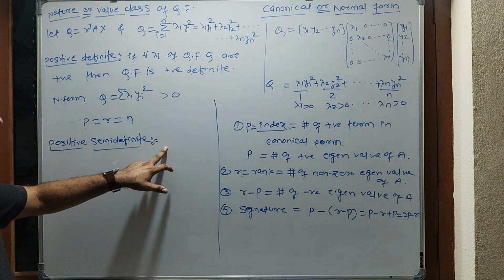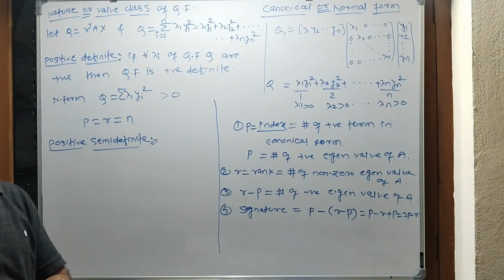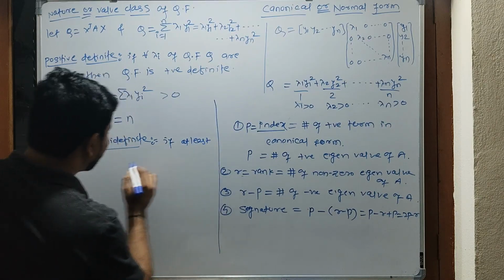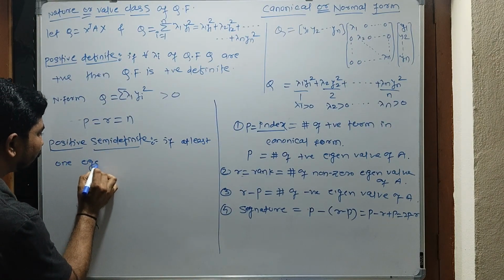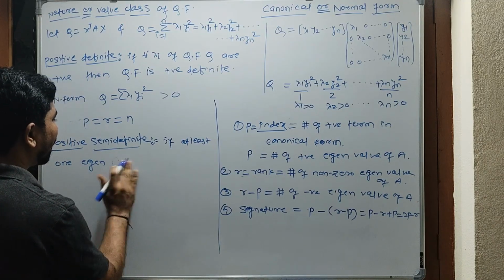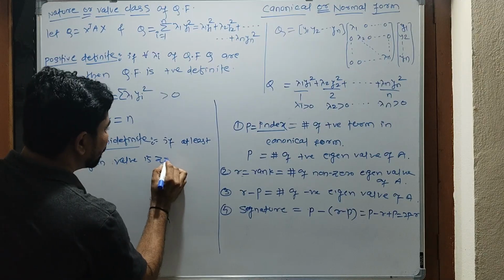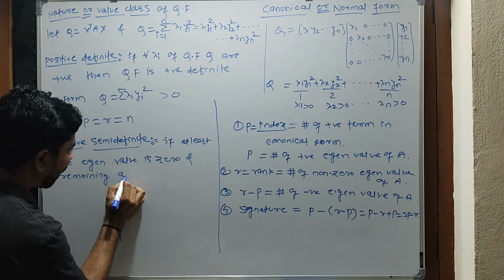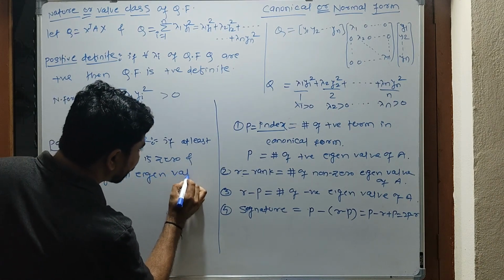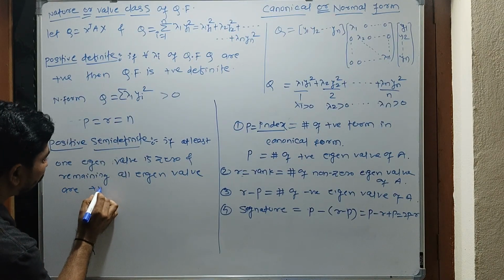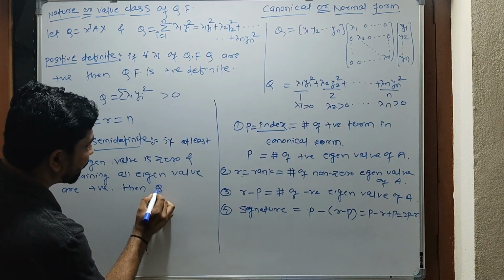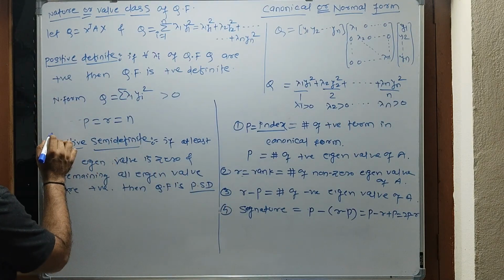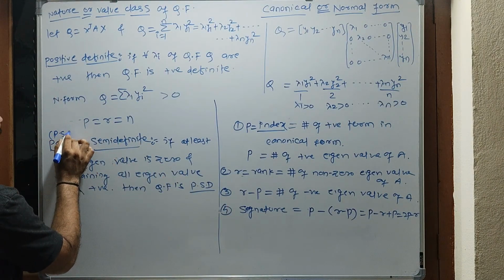If at least one eigenvalue is 0 and all the remaining eigenvalues are positive, then the quadratic form is positive semi-definite, PSD.